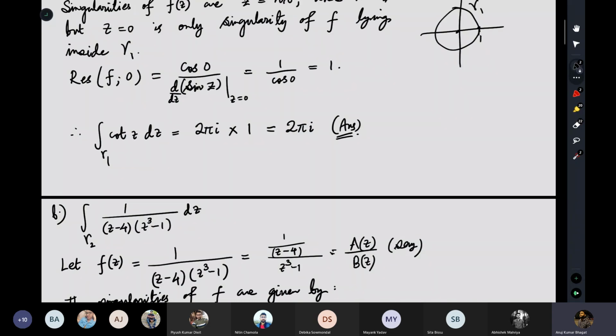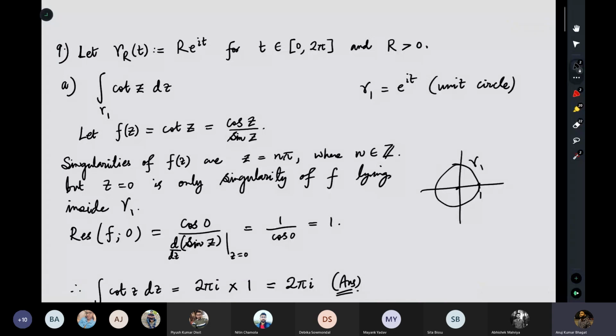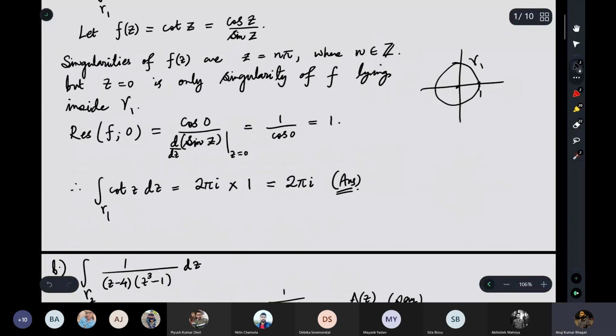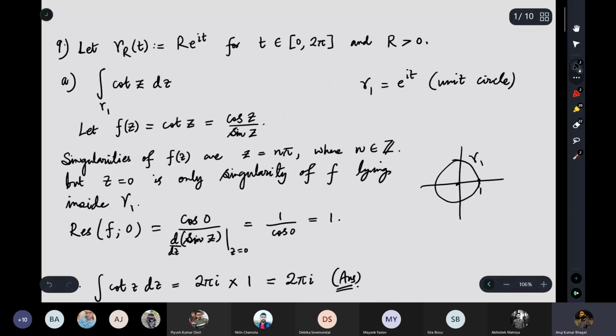So here the circle basically has winding number 1, so I'm not taking that into consideration, but keep these things in mind: whenever your circle is of this form, t from 0 to 2 n pi, then the winding number is n. In that case you have to consider the winding number in the Cauchy residue theorem.